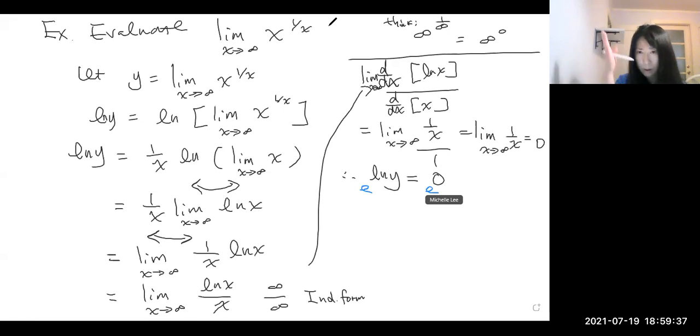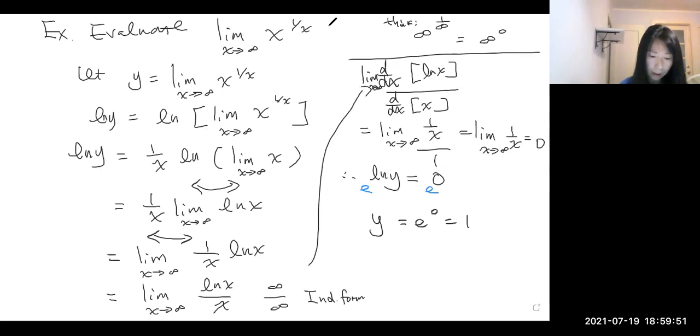Then we simplify e and ln, so we can bring down y, e to the 0. We know e to the 0 is 1. Okay, so then what's y? y equals this, right?